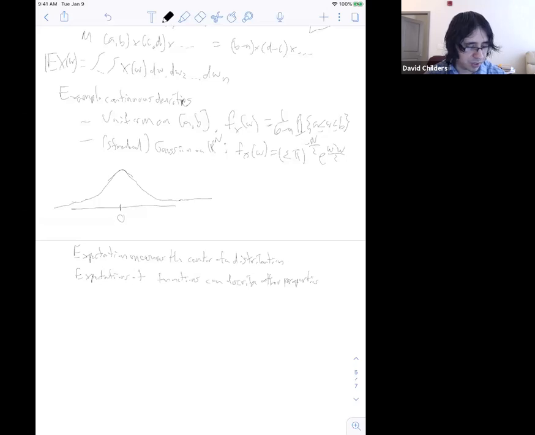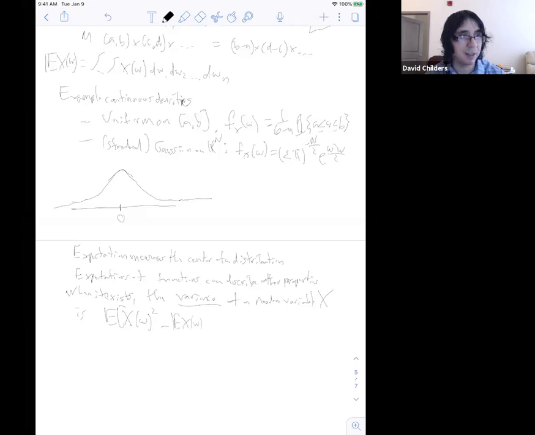And so we call this, when it exists, the variance of a random variable x, equal to the expectation of x omega minus expectation of x omega, squared. Excuse me.